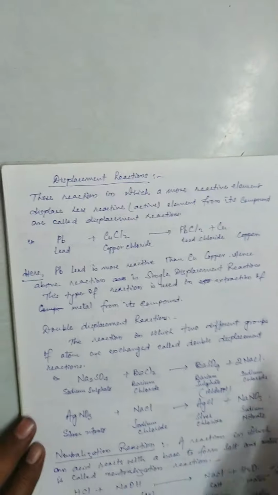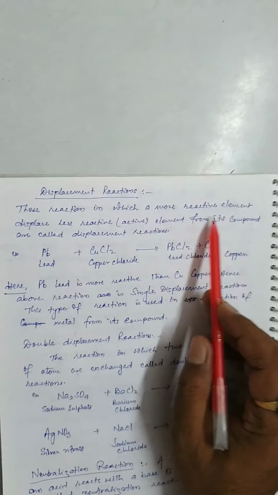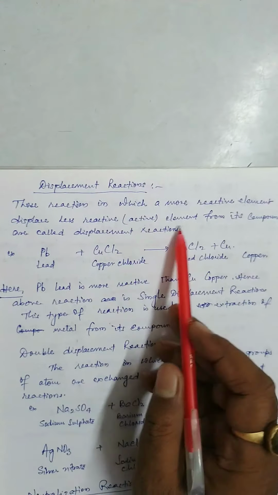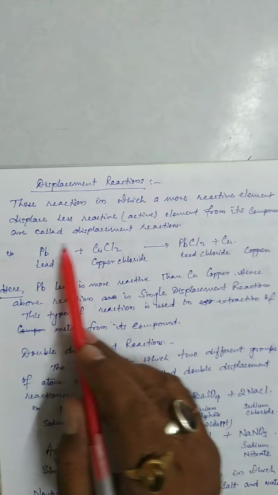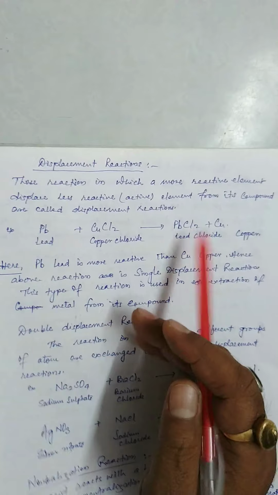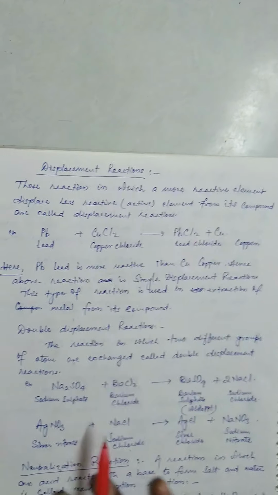Now next is displacement reaction. Those reactions in which a more reactive element displaces the less reactive element from its compound are called displacement reactions. First of all we have to read the reactivity series.